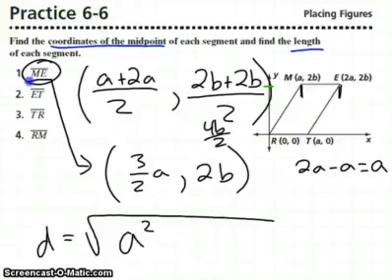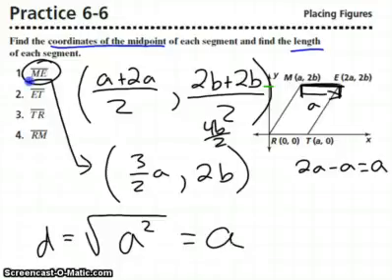So my difference in the x direction is a distance of a. So of course I take the square root of a squared plus the change in y squared. Now looking at this line, there is no change in y, so there's nothing to worry about in the second part. And so the distance is the square root of a squared, which is just a.